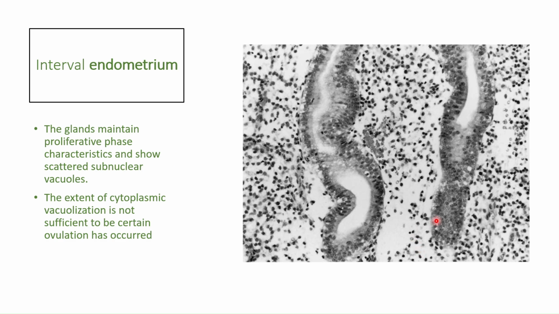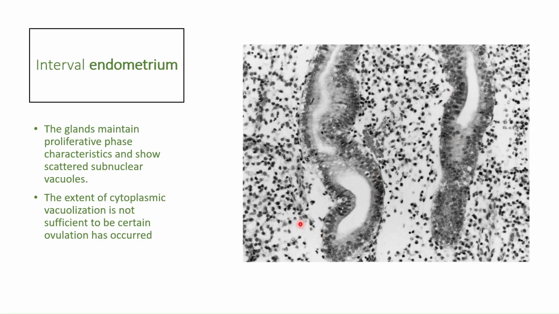So here in this section you can easily identify this is the stratification, and some of the glands here show subnuclear vacuolization, right? So stratification and subnuclear vacuolization with mitosis in the gland. So this is interval endometrium.